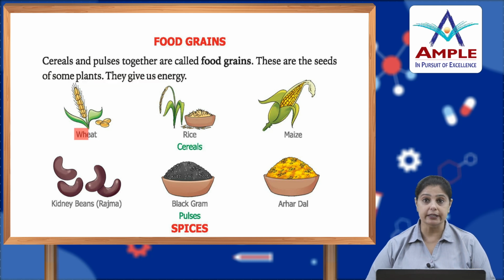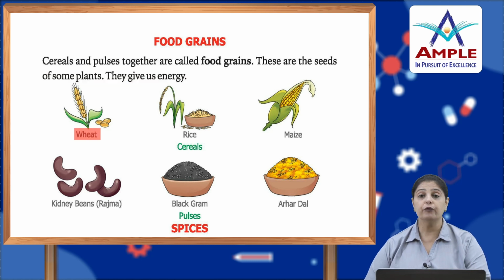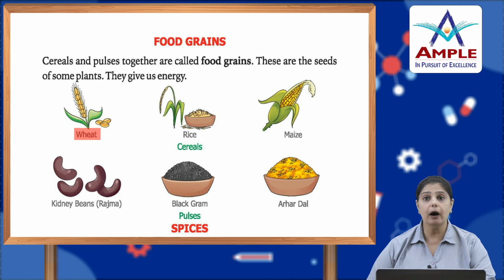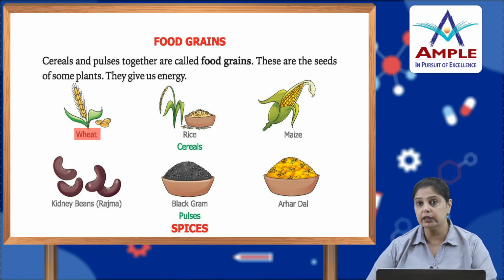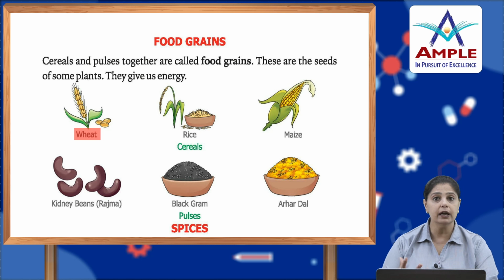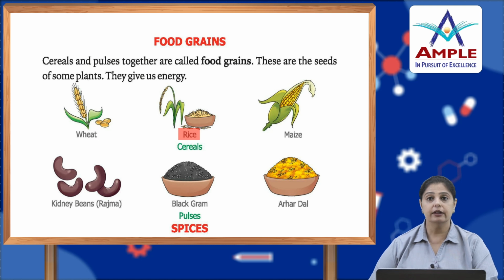For example, wheat, okay. Now, wheat grains, they are pounded, okay, we take them, they are ground, and then that powder comes, which is the flour that your mother needs, and then the rotis are made for you, okay. Rice, okay, the rice grains are boiled to get the rice that we eat, okay. Maize, the corn, okay.